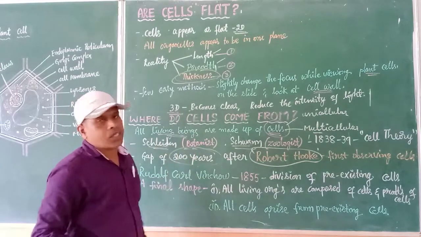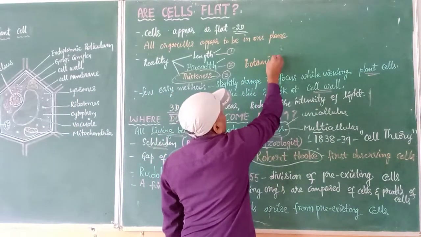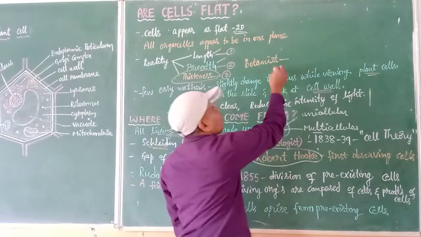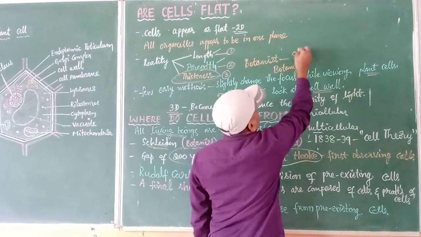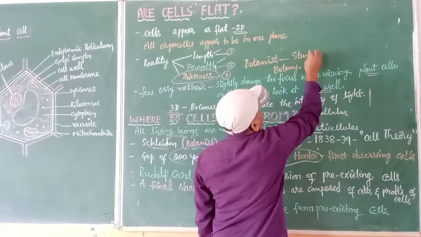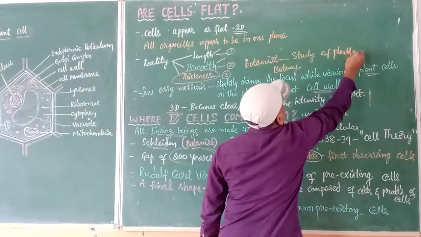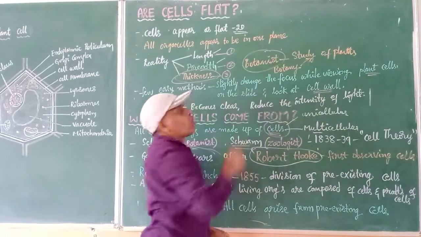He was a botanist. Who is a botanist? A scientist who does research on plants, and the study of plants is called botany, B-O-T-A-N-Y. The study of plants is called botany, and the scientist is called a botanist.